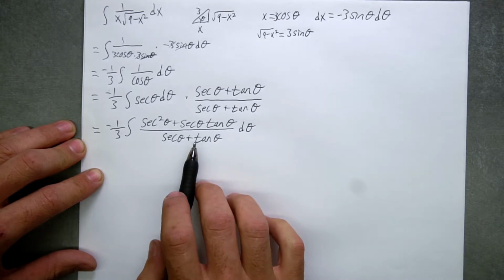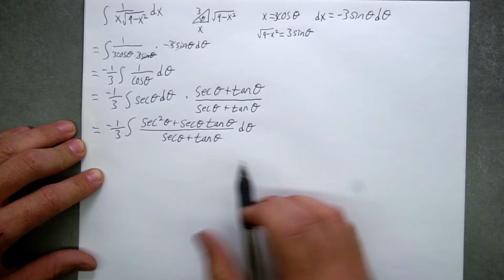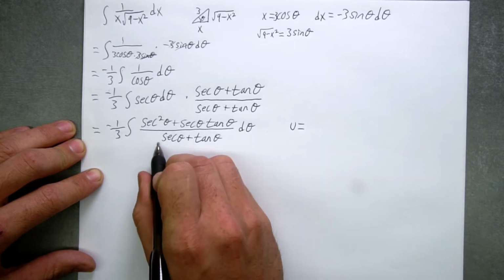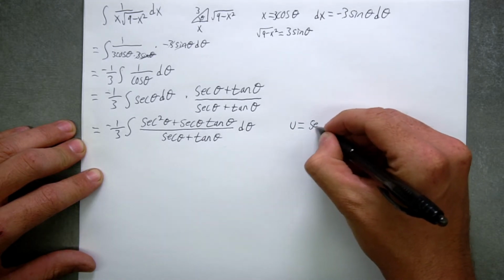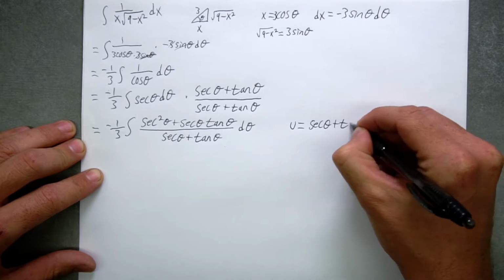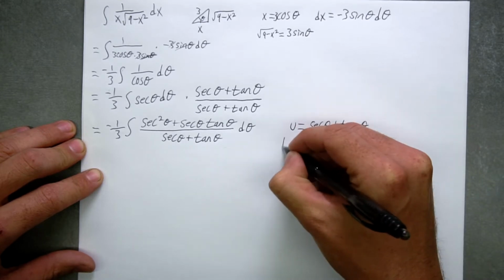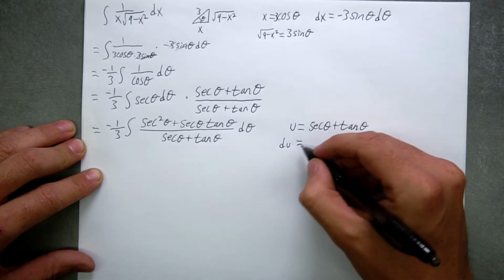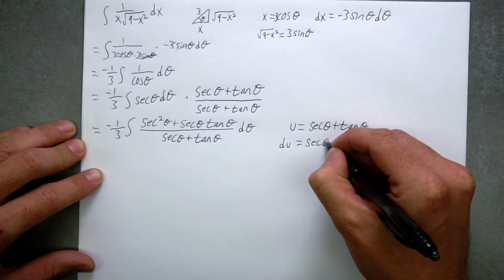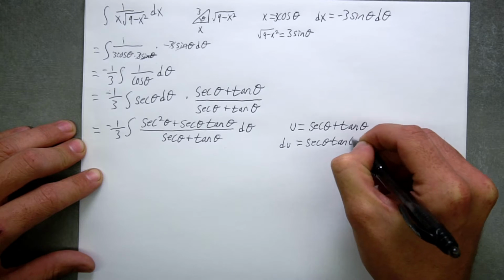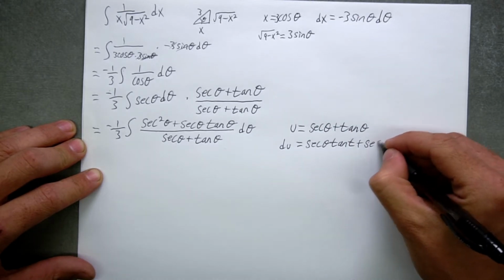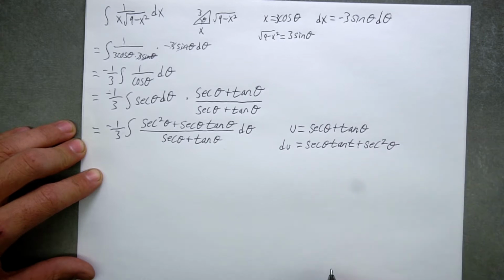So as I was mentioning before, we're able to do a u substitution here, where u is equal to the denominator, which is secant theta plus tangent theta. Du is going to be the derivative of secant theta, which is secant theta tangent theta, plus the derivative of tangent theta, which is secant squared theta.